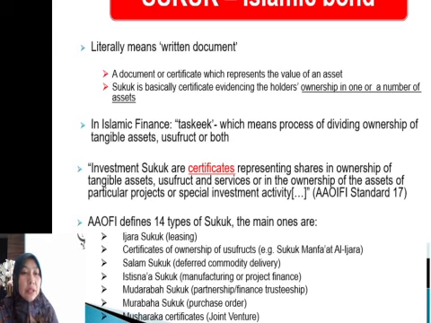First is ijarah. Ijarah sukuk is the famous one, based on the ijarah contract. And then certificates of ownership of usufruct, sukuk manfaah al-ijarah, which represents the utilization, the manfaah, of the asset. And then salam sukuk, istisna sukuk, mudarabah sukuk, murabahah sukuk, and musyarakah sukuk. All of these are Islamic contracts.